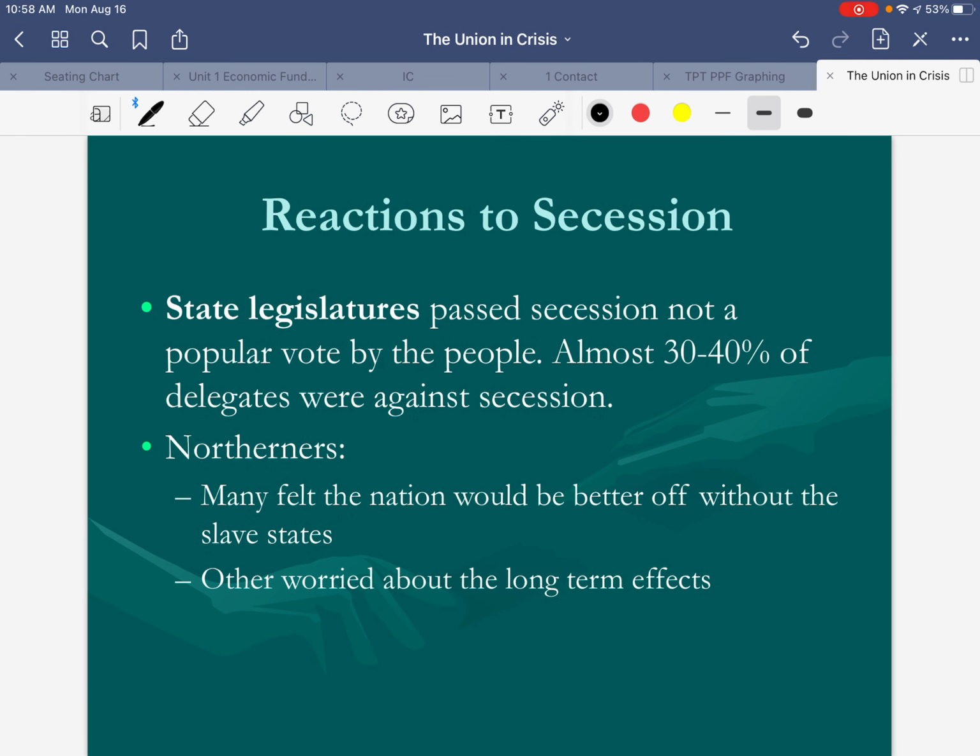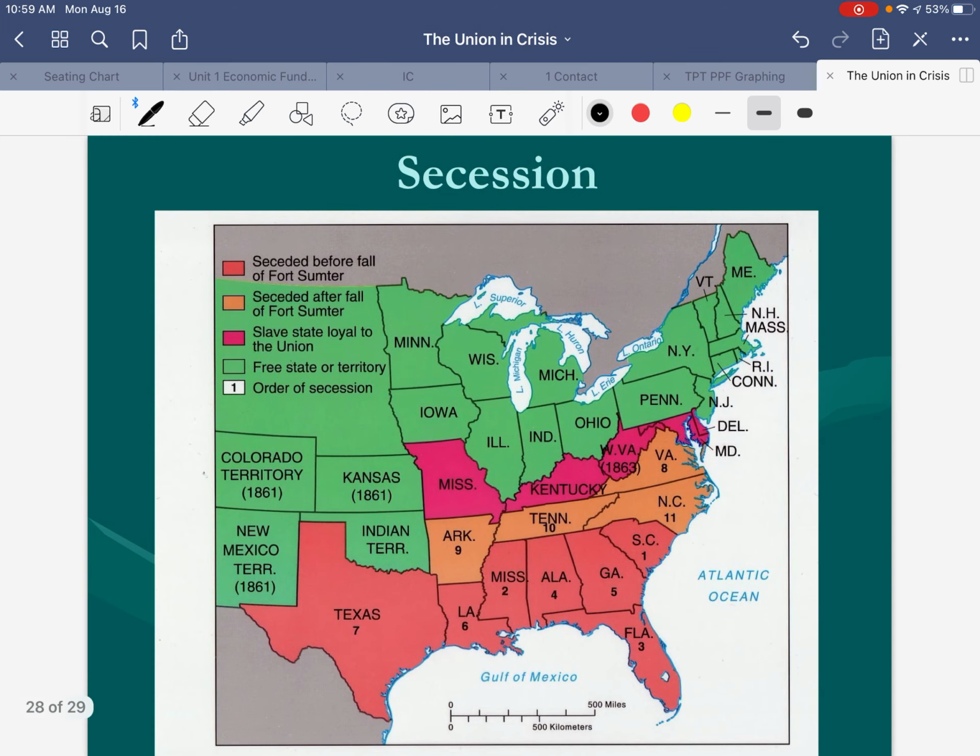State legislatures passed secession, not a popular vote by the people. So representatives in that state went to their capital and decided to leave. And the people weren't asked. There was no vote. So some Northerners were like, okay, bye. See you later. Some Northerners were upset because it's the dissolution of the United States. We're supposed to all be together.